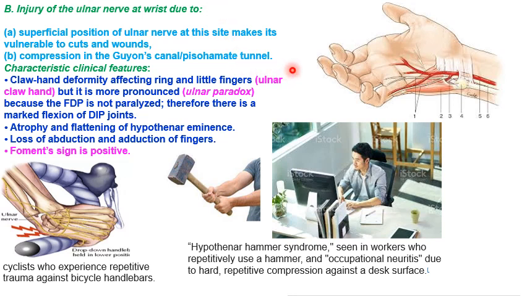If we look into the clinical features that are seen with the ulnar nerve injury at the wrist, they are all the same as when the ulnar nerve is injured at the elbow, except for the ulnar paradox, where the flexor digitorum profundus is not paralyzed, the medial half, where its tendons are going to the ring and little finger.